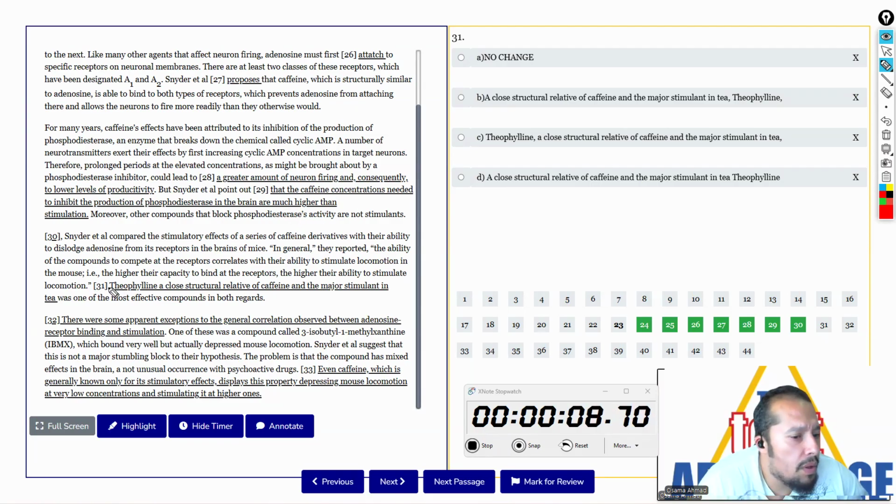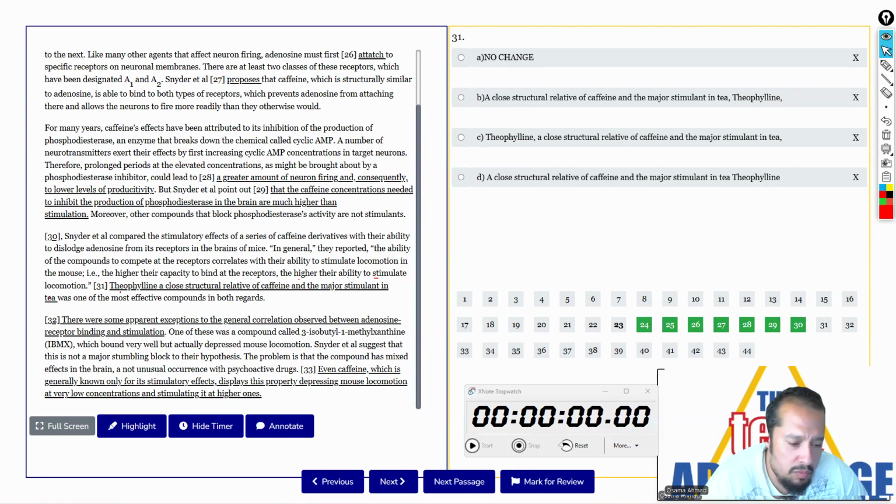So the higher the capacity to bind at the receptors, the higher the ability to stimulate locomotion. Theophylline, a close structural relative of caffeine and the major stimulant in tea, was one of the most effective compounds in both.